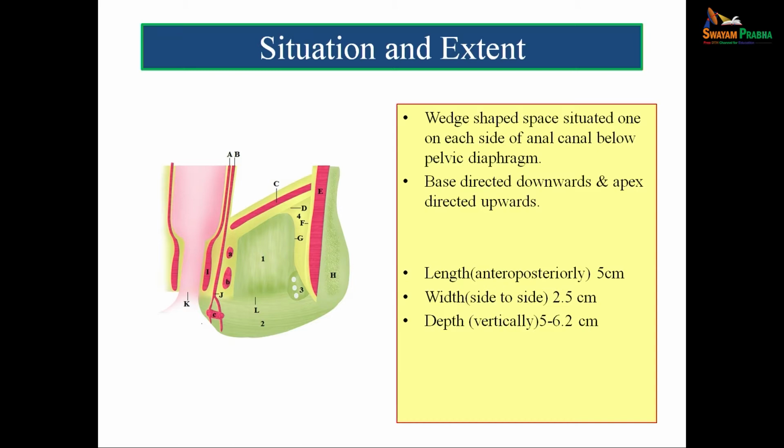So, there are two important muscles in relation to the ischioanal fossa. One is the levator ani and one is the obturator internus, marked by C and E in the figure, and where the inferior fascia of pelvic diaphragm, that is D, meets with the obturator fascia, which is marked by F in the figure.